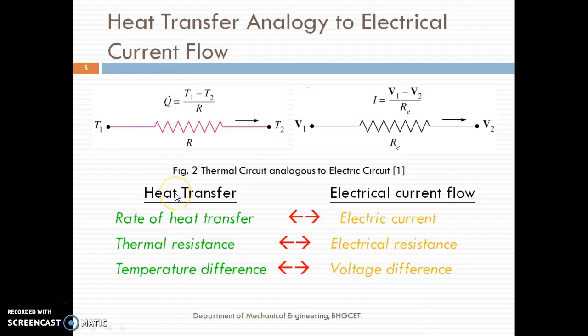So we can say that the rate of heat transfer is similar to electric current in an electric circuit. Thermal resistance is similar to electrical resistance, and temperature difference is similar to voltage difference.